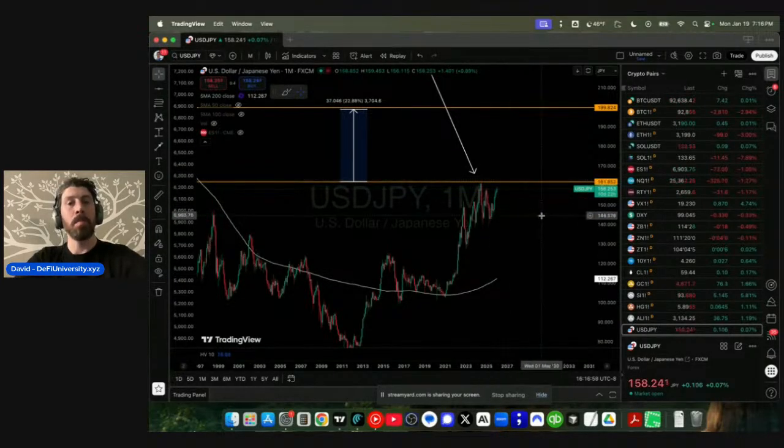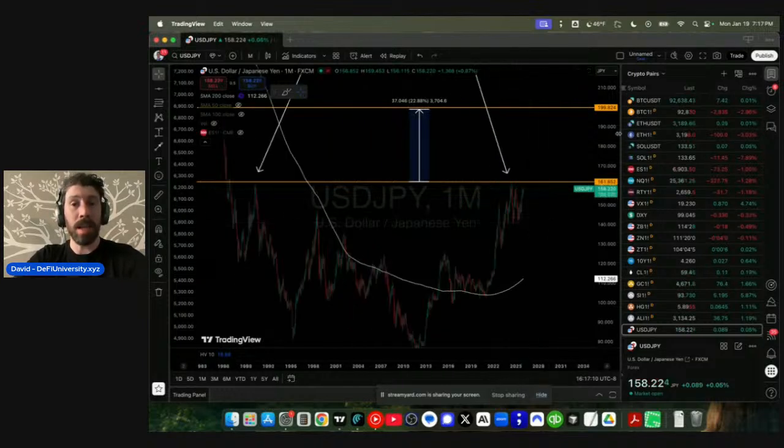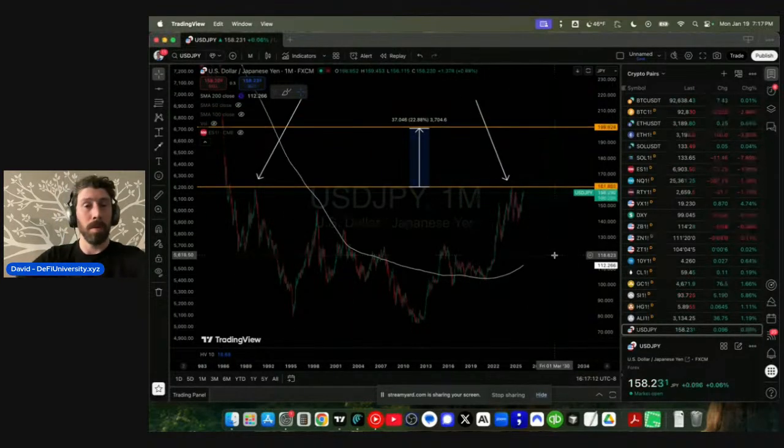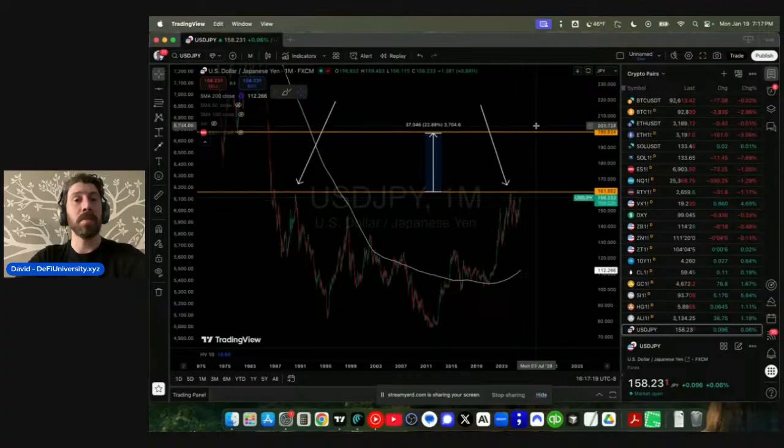So the more times a level of support or resistance is tested, the more likely it becomes that that level actually breaks. And in the case of the yen, there are some macro items that are going on in Japan and globally that make me think that the yen is likely to weaken further.